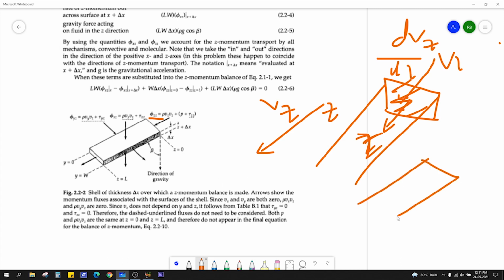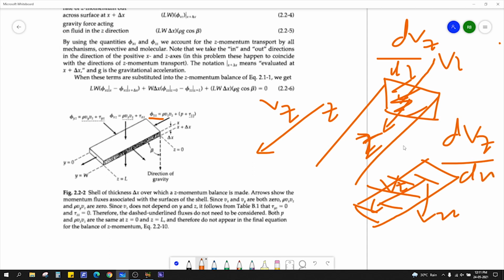Similarly, if you consider this surface, what is the surface normal direction? This is in the x direction, right? And what is the flow direction? In this direction, that is z. So v is flowing in this direction. What will be the gradient? dvz by dx. Now dz comes here and x comes there, so you have to consider phi xz.